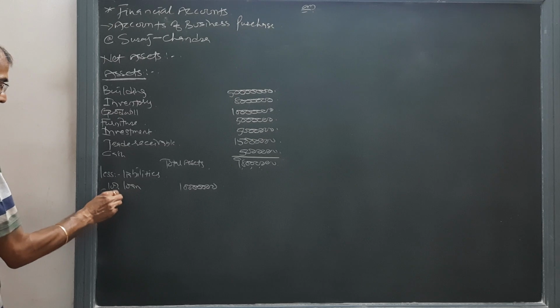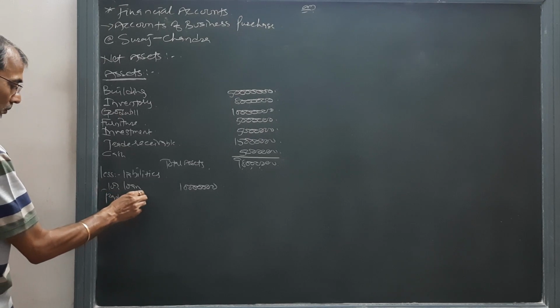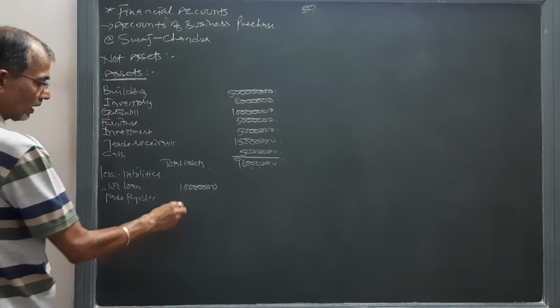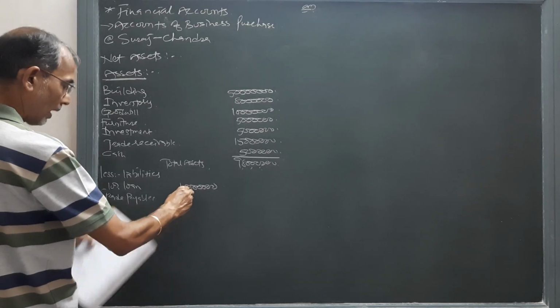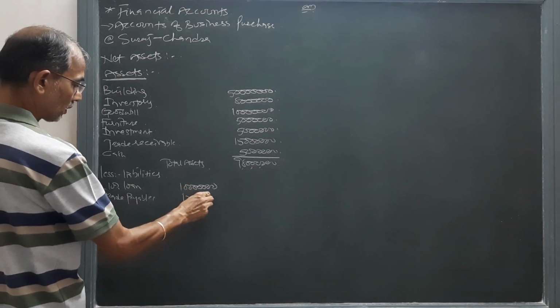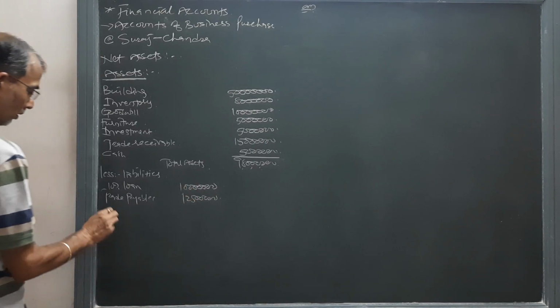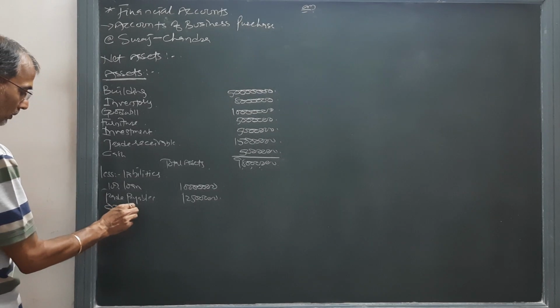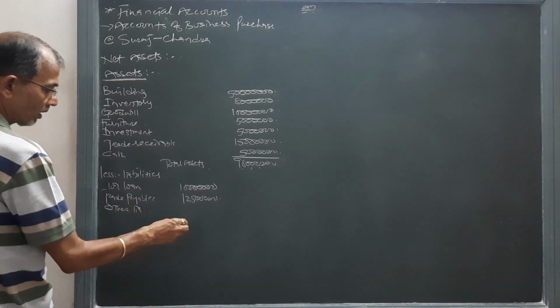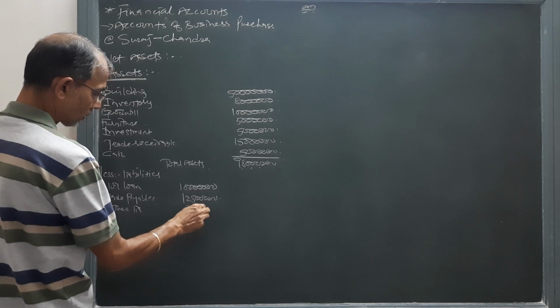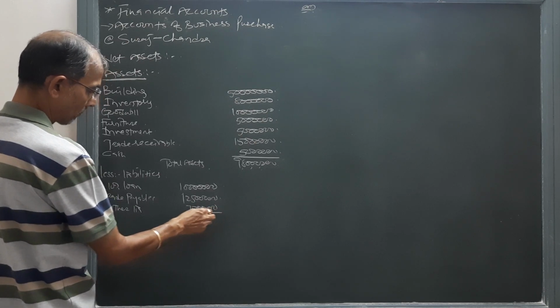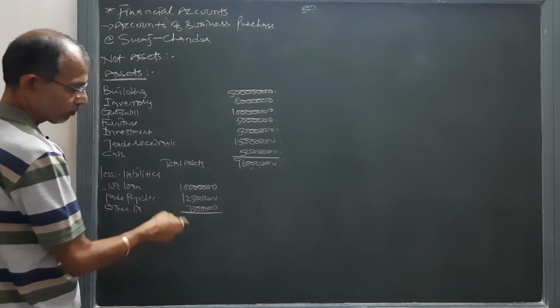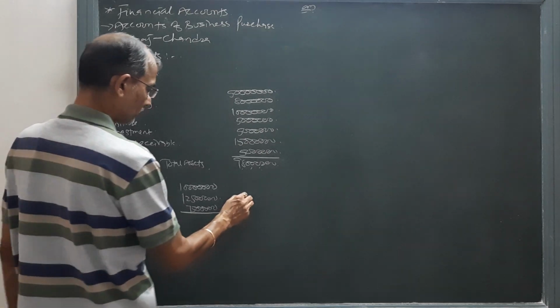Trade payables, that are I think 1 crore 25 lakh, and other liabilities that are 75 lakh. So total of the liability is 3 crore.